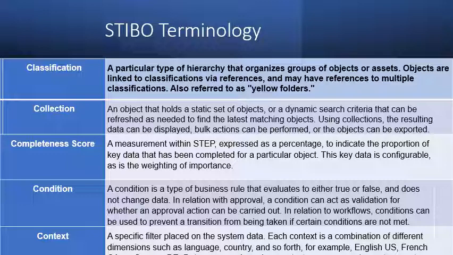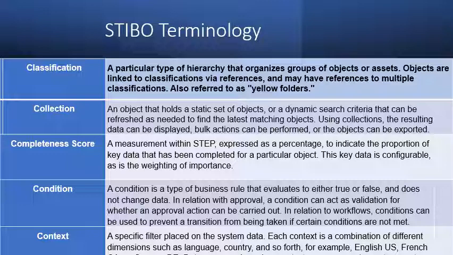Now, a collection is just a static set of objects, used for similar kinds of objects. The results can be displayed, bulk actions can be performed, and the objects can be exported during the search process if you make them a collection in STEP.